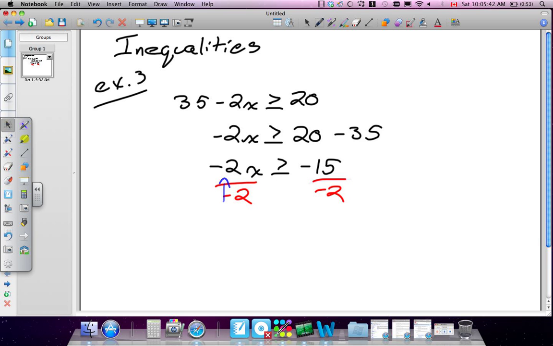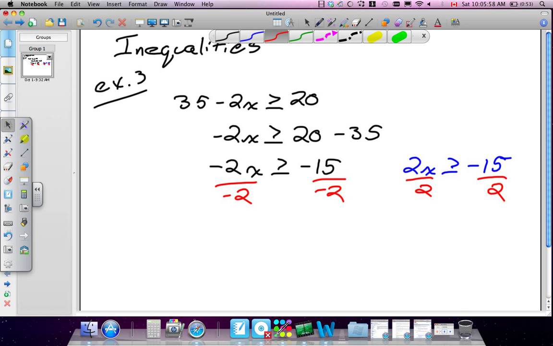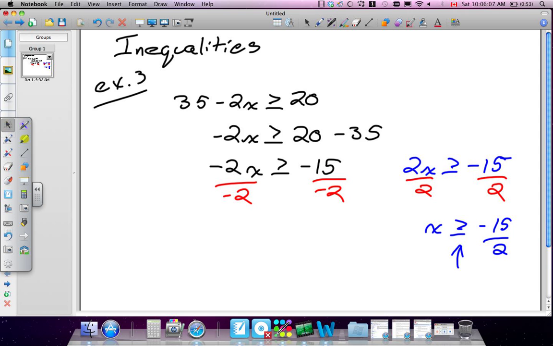Now, had this number been, let's say, just 2, we'll do an example in blue on the side. Had this been 2x is greater than or equal to negative 15, I would have divided both sides by 2, okay? And our inequality would have stayed the exact same. We would have got x is greater than or equal to negative 15 over 2. So what's important to notice here is this stayed the exact same.